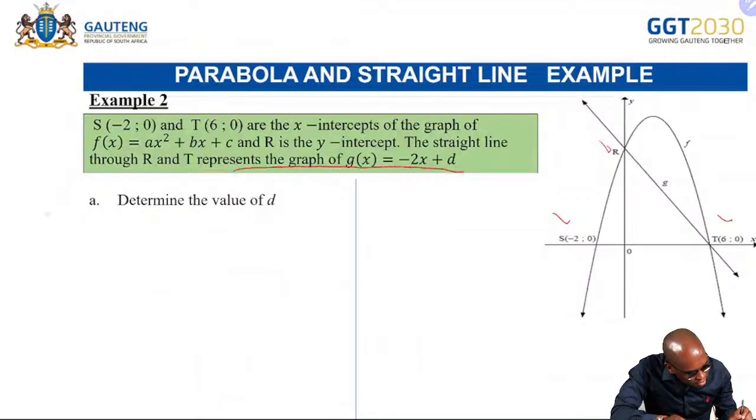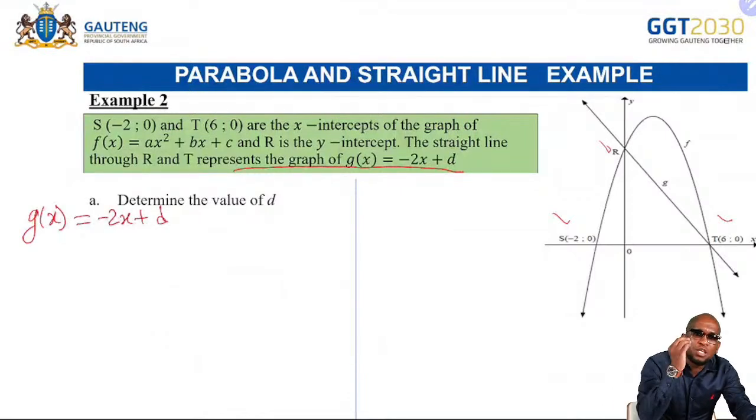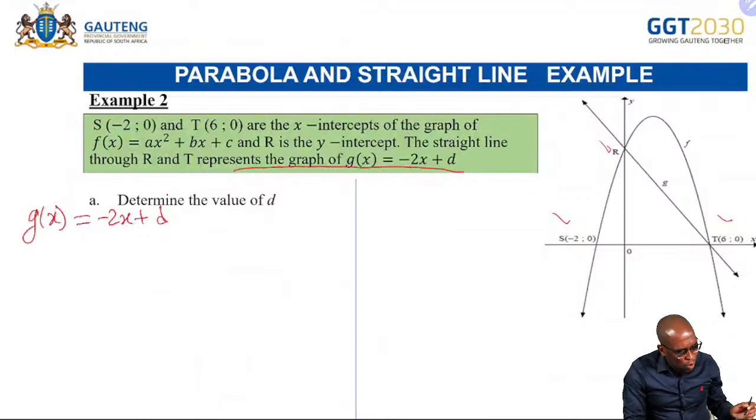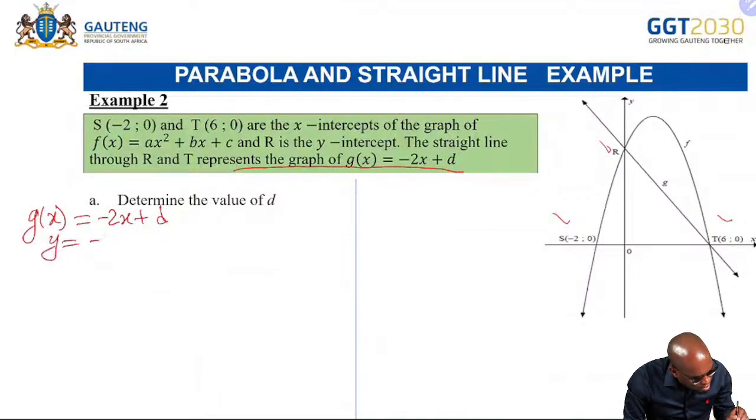You can see that d lies on what? d is an unknown in the equation of the straight line. It is the y-intercept of the straight line. Now, in order to get the value of d, we can change this to y is minus 2x plus d.